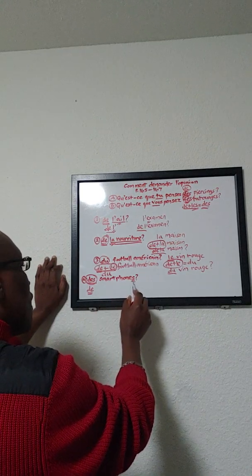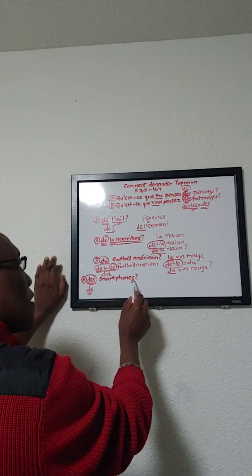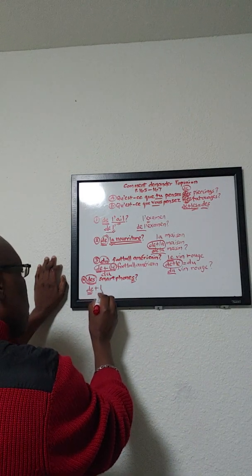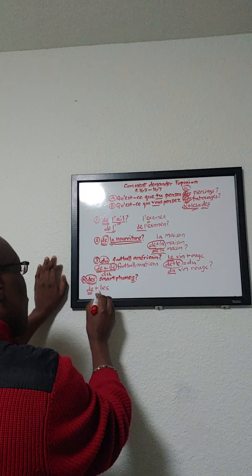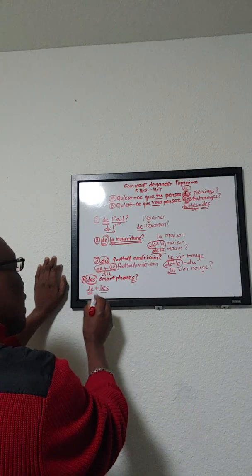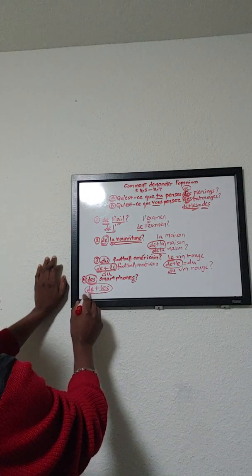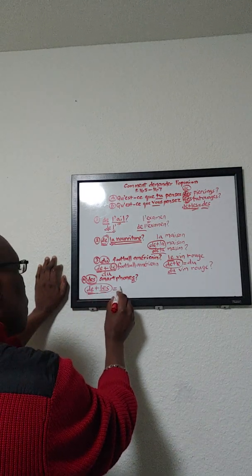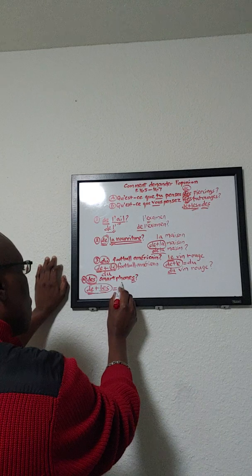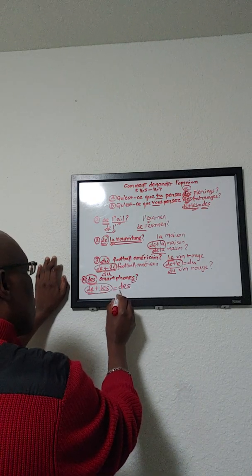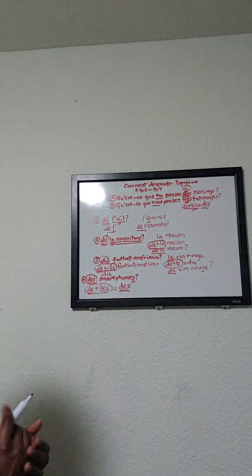You see that smartphone has an S there, so it makes it plural. So the plural definite article is les. When les comes into contact with de, the combination will be a contraction and the result will be des.